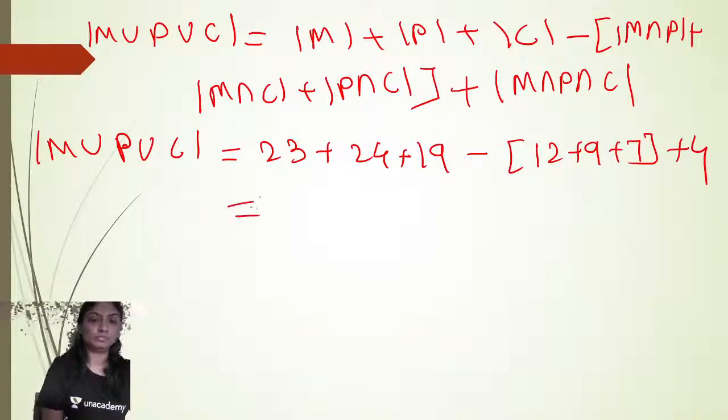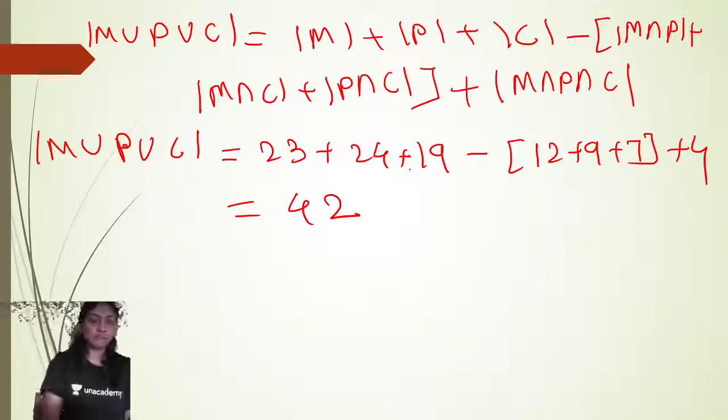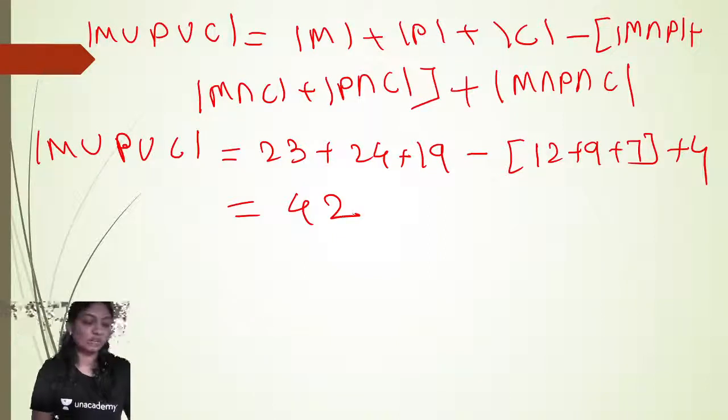So the number of students studying either maths or physics or chemistry is 42. It means there are 42 students who study at least one subject.